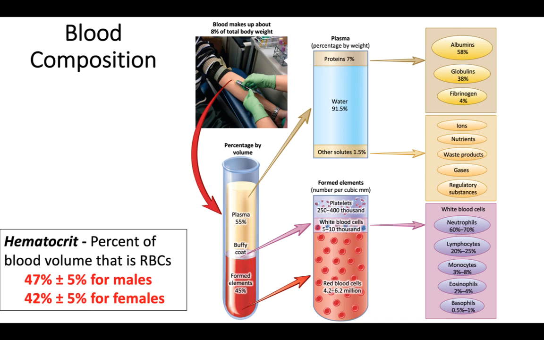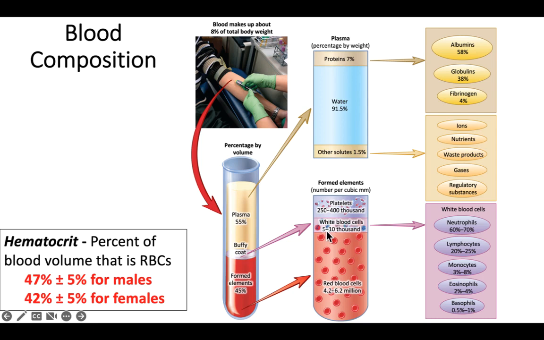White blood cells, 5 to 10,000 per cubic millimeter or microliter. And then you've got red blood cells, about 5 million, 4.2 to 6.2 million per microliter.